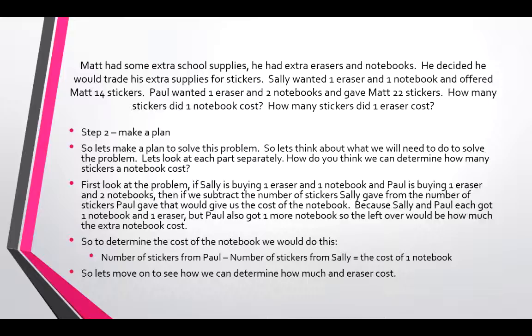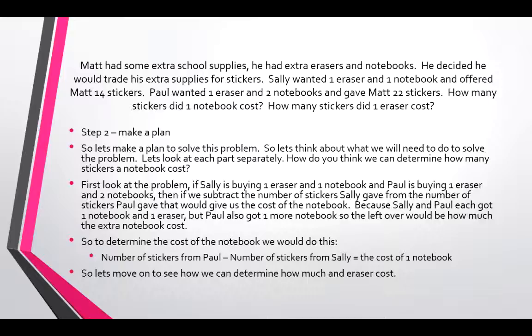So let's think about what we will need to do to solve the problem. Let's look at each part separately. How do you think we can determine how many stickers a notebook cost? So we know that Sally wanted one eraser and one notebook, and she gave Matt 14 stickers. And Paul wanted one eraser and 2 notebooks and gave out 22 stickers.